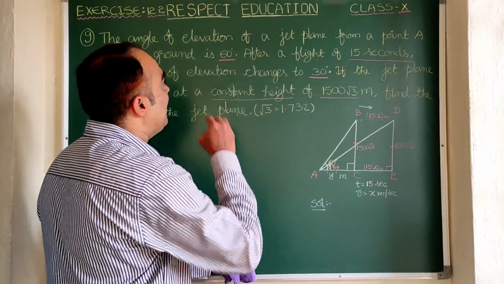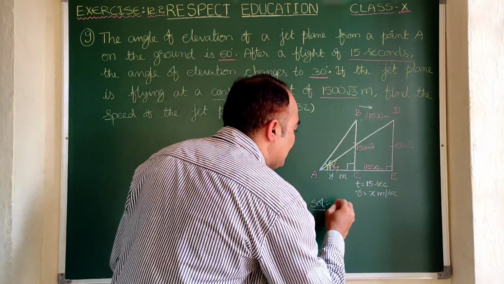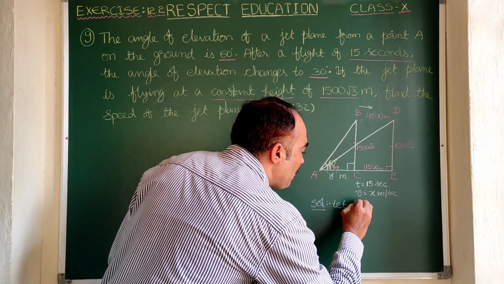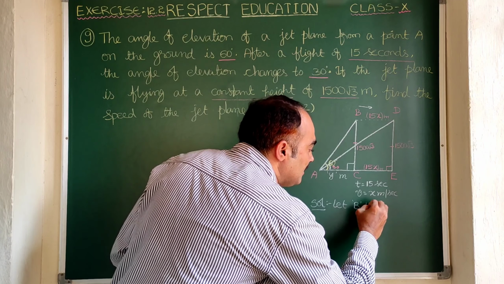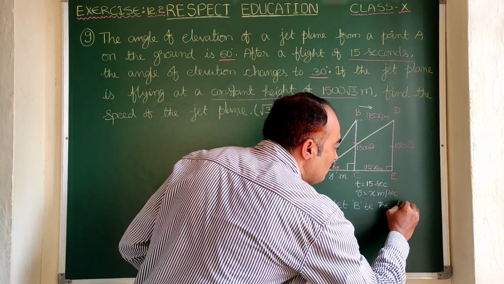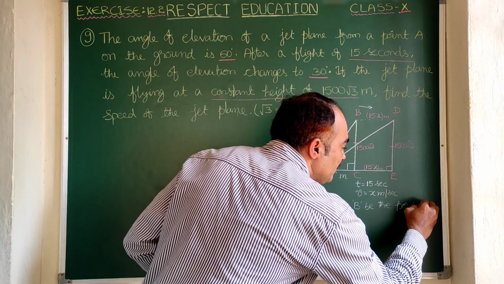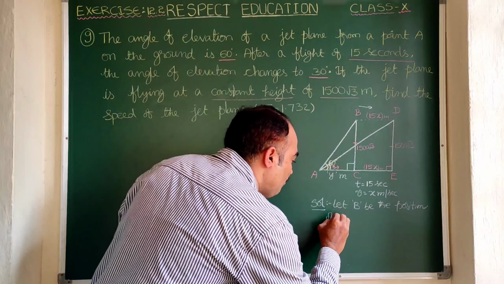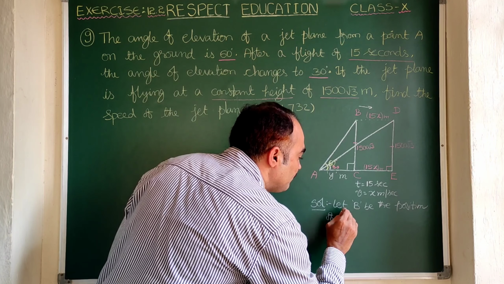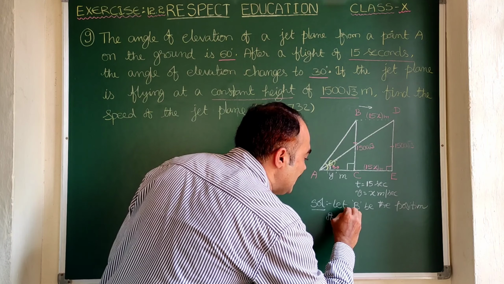So here the angle of elevation of a plane. Let capital B be the position of the jet plane.